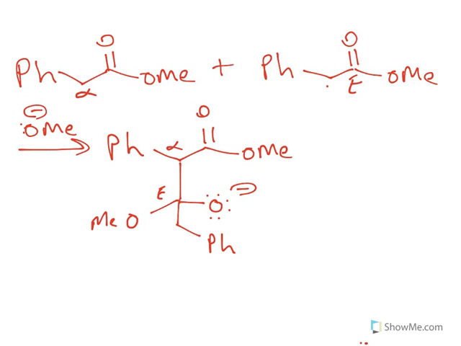So convince yourself that's what you're going to get. Work on the mechanism for that first step and see if you arrive at the same thing I do. So the next thing that's going to happen is going to be the collapse of the tetrahedral intermediate. And what's going to happen here is this guy is going to kick off our methoxy group, and I wind up with my beta keto ester. So I'm going to redraw it. Let me try to shrink up my arrow here so I can fit it in a little bit better.